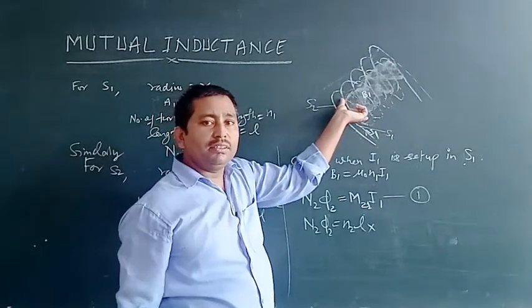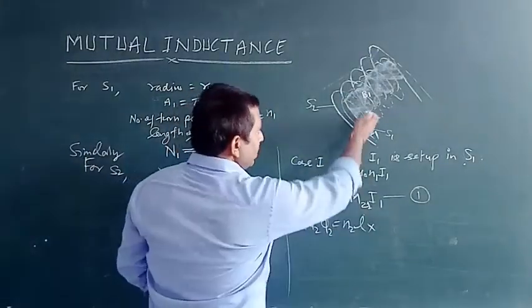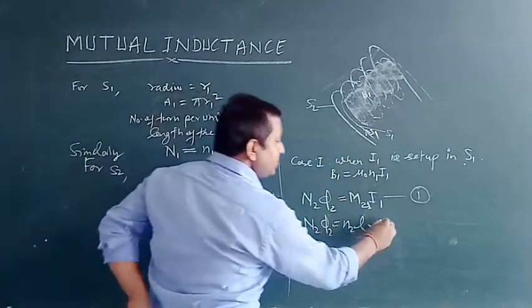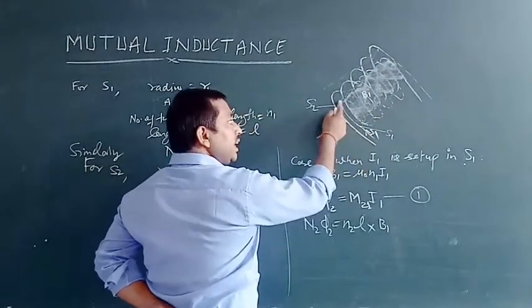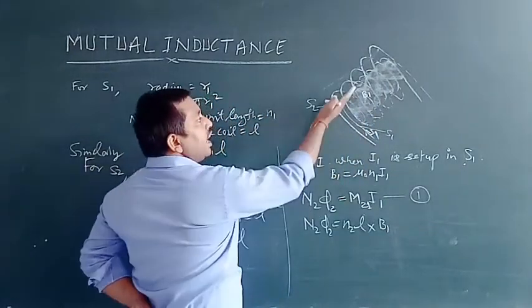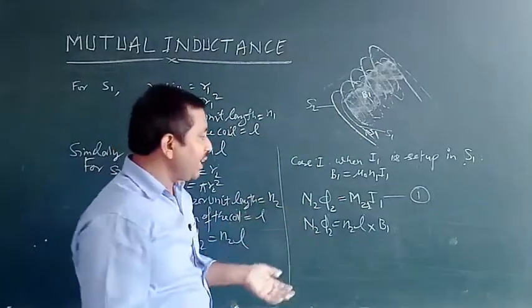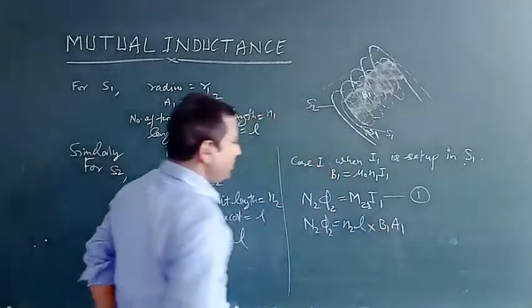Okay, so the magnetic field inside this coil, by which the flux is linked, is B1, and the area is that of the first coil, because only in this area the flux is linked and the remaining area of S2 is not affected by the magnetic field. So the linked flux is written by this formula.